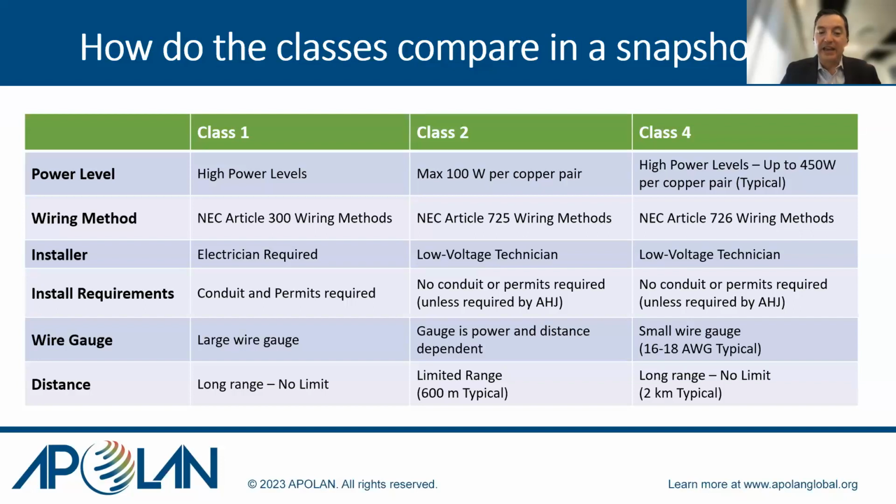We can go up to 2 kilometers with these new type of power systems, and also the cabling could be between 16 and 18 AWG typically. Next one.